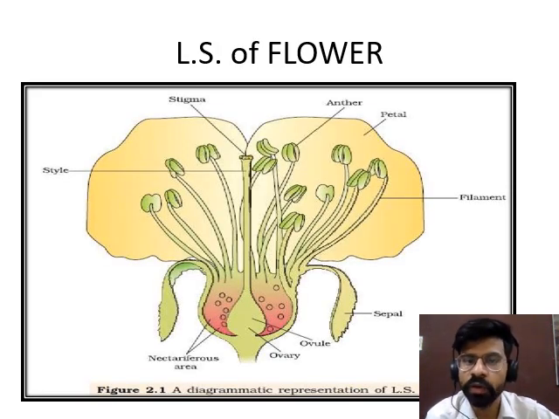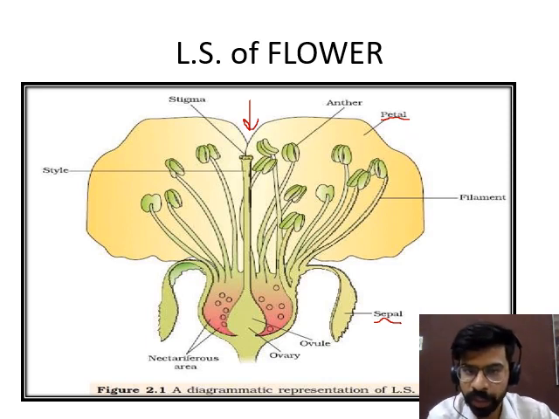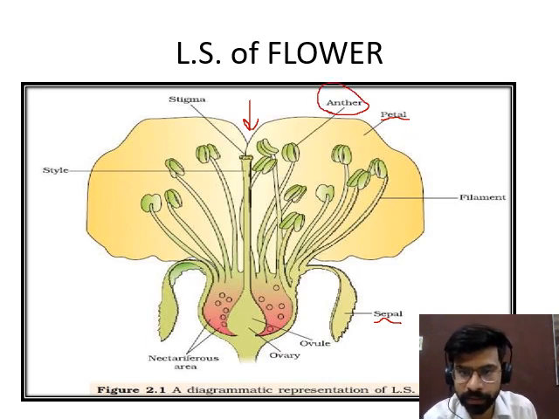Yes, this is the structure of flower. I am underlining the main parts. This is the sepal and the colorful structure, this one, is the petal. This arrow, yes, this one is the female part, and here anther and filament.